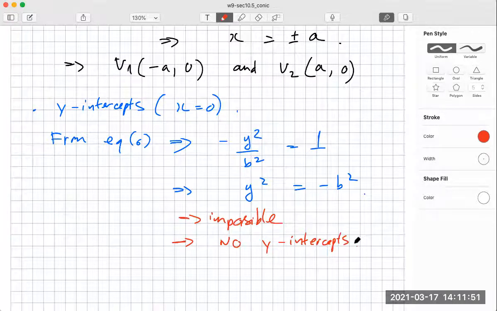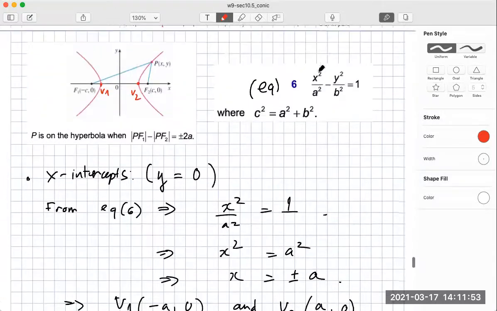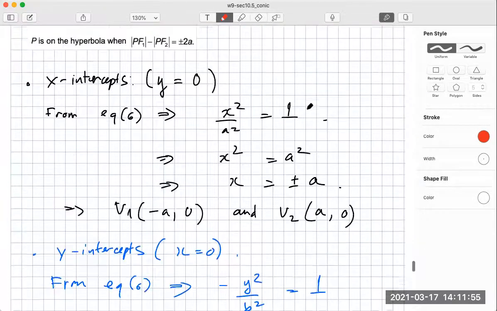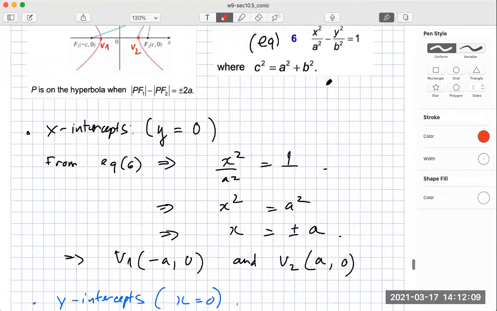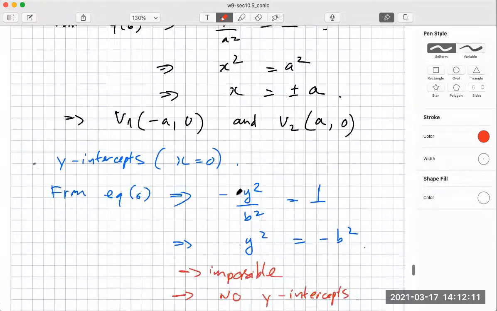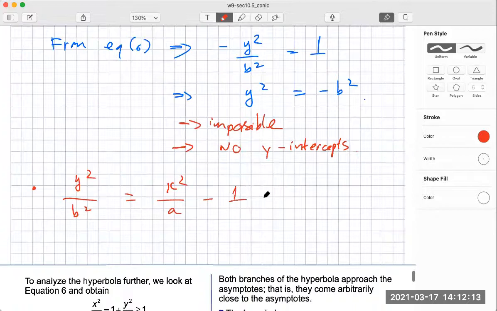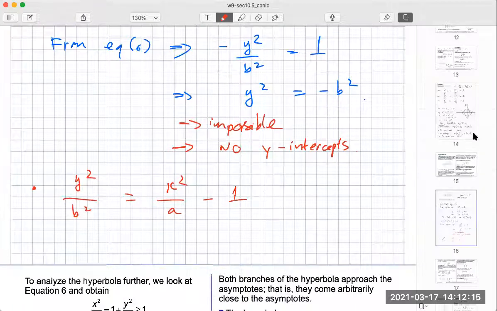But from this equation here, we manipulate it and write y squared in terms of x squared. We see that y squared divided by b squared will be x squared over a squared minus 1, right? Do you agree?